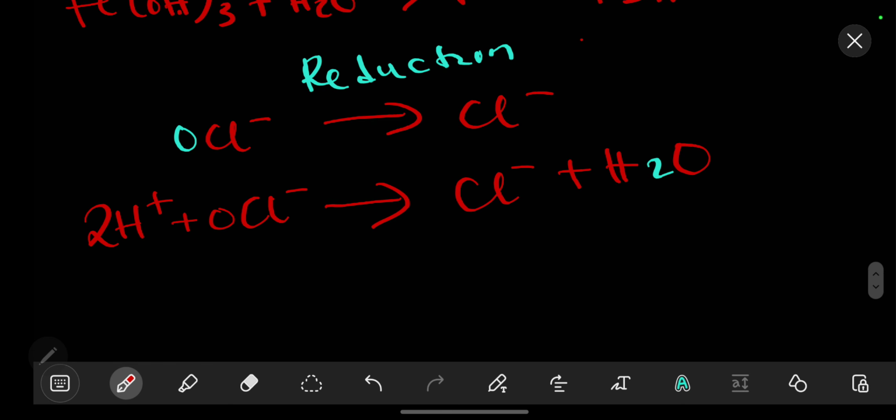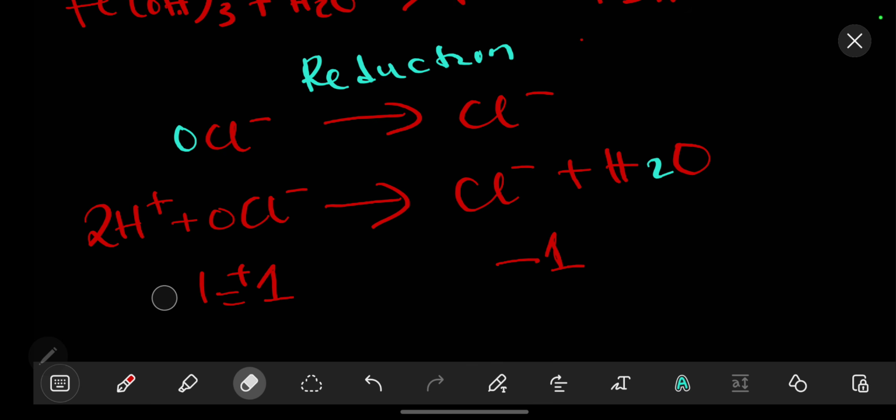Now look at the charge difference. Here we have a -1. Then here we have 2 hydrogens, so we are going to have a charge of 2 minus the 1 here, which will give us a +1. Since +1 is greater than -1, this is where you add your electrons.